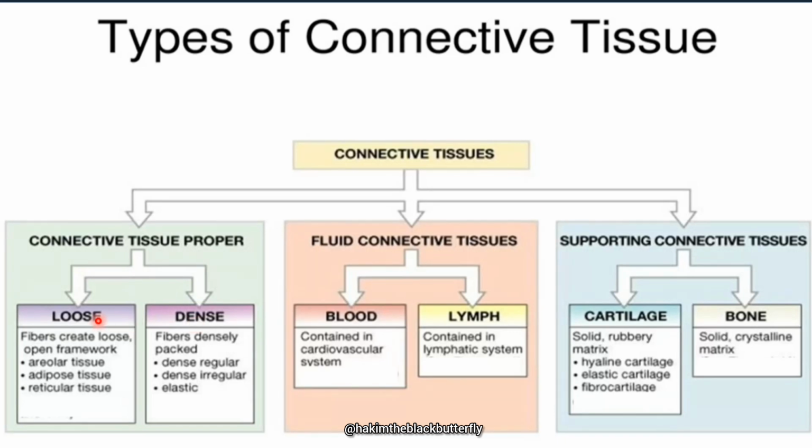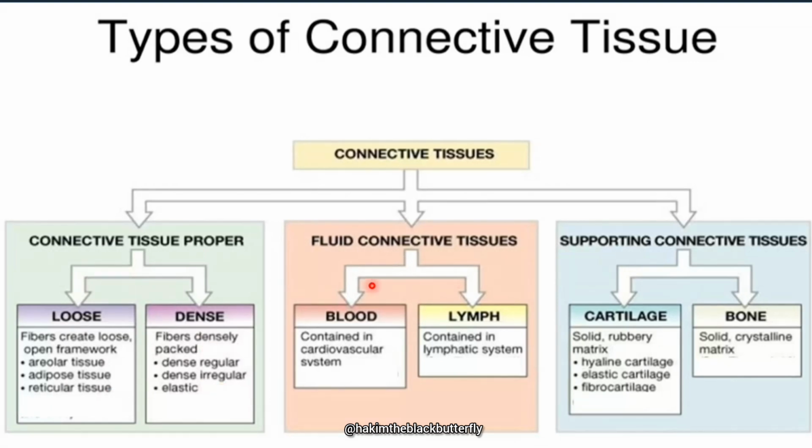Loose connective tissues have few protein fibers, and that gives them open spaces, an open framework within them, because of the fewer protein fibers. Dense ones have packed protein fibers, and that makes them dense. Okay, we shall look at the categories and the examples under these in detail when we come back in the next session.